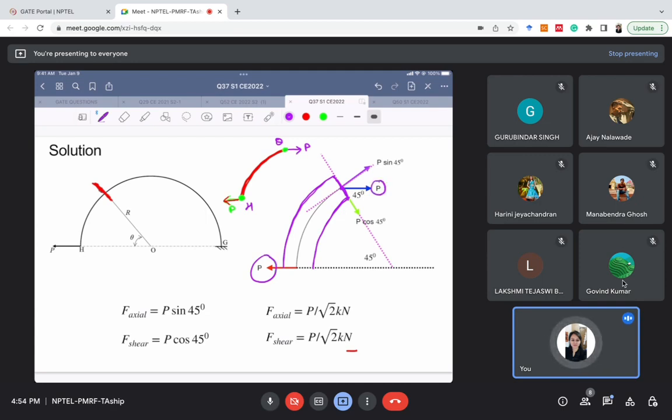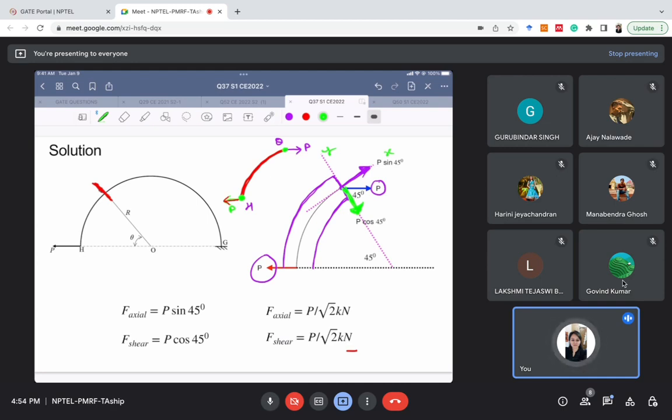Now we are asked the value of shear force and axial force. Axial force is the force which is perpendicular to the surface, and shear force is the force which is along the surface. So we can find the components of P in x and y direction, and that will be the value of shear force and axial force.